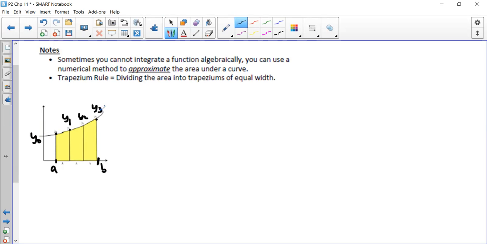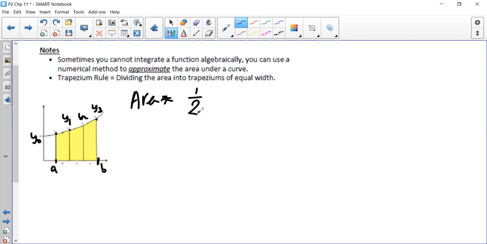Now, if I want to work out the area in here, the area will be estimated because you can see it's a curve in here. It's not actually a trapezium, but assume it's a trapezium. The area of a trapezium is half times (a plus b) times height. The a and b are the parallel lengths.